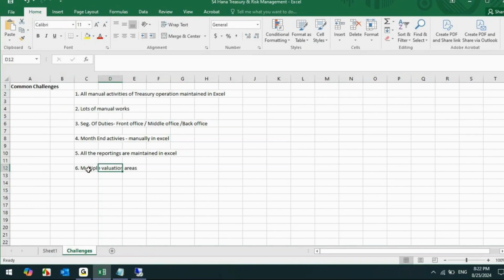So these are the common challenges for not going with SAP Treasury. Now, the question is why. The point was that SAP Treasury was never a focus in the earlier days. If you're talking about 5, 10 years back, or even 4, 5 years back.